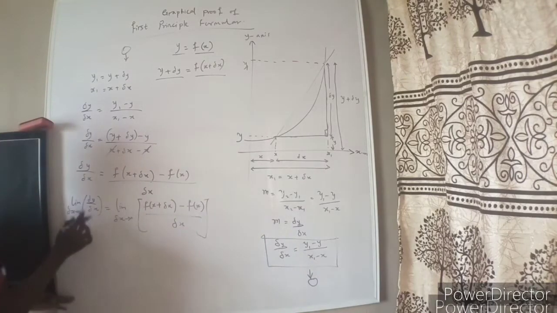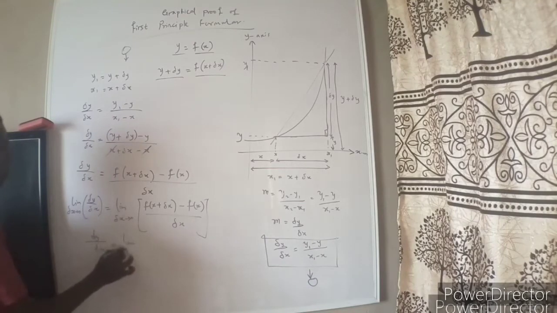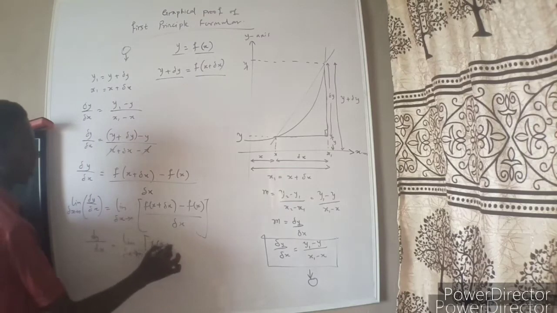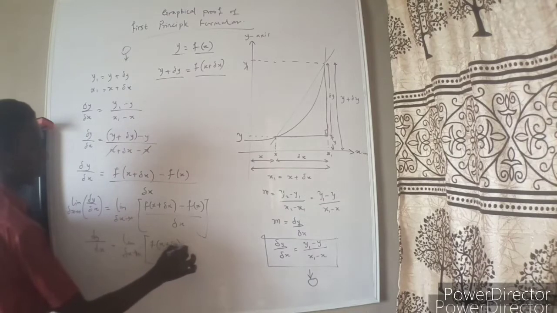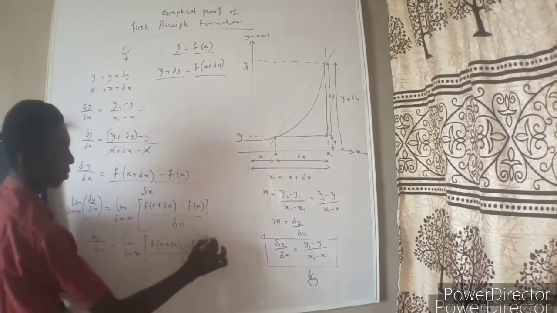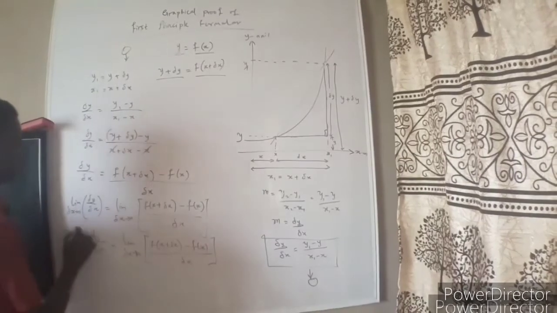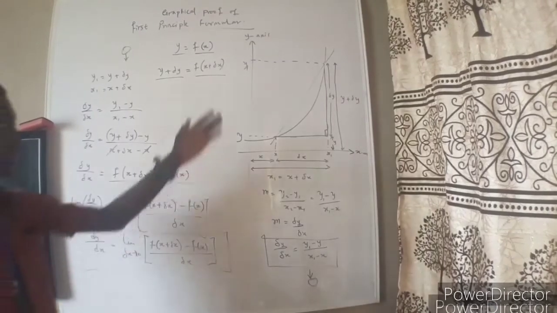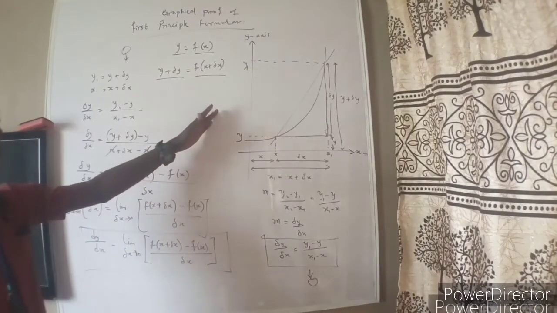So this is the formula. We got the same formula all over again, now using the graphical method.